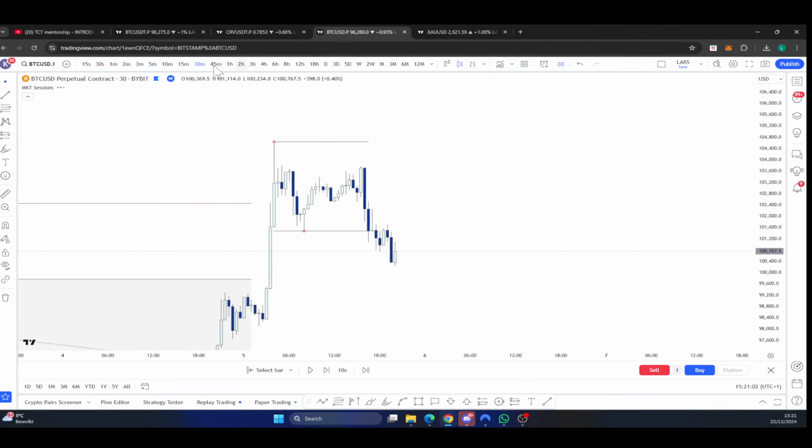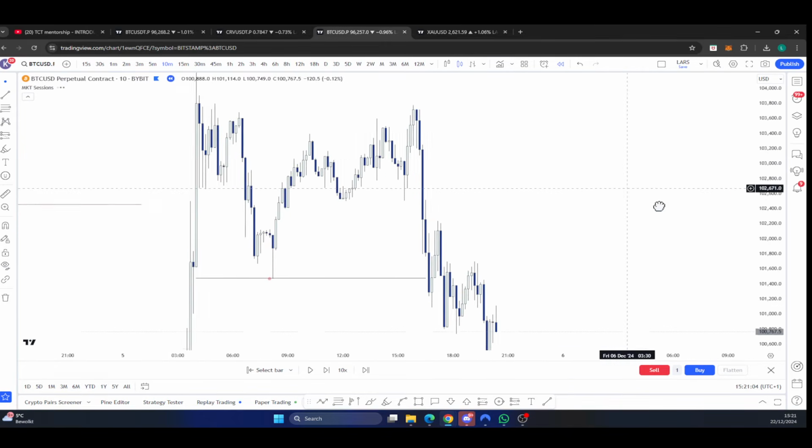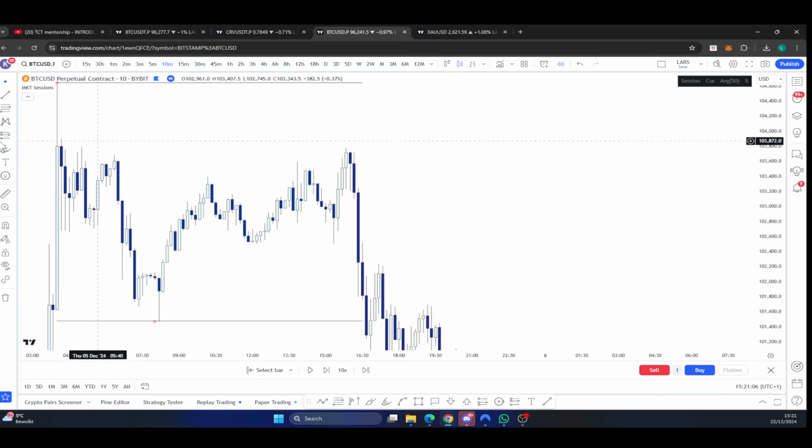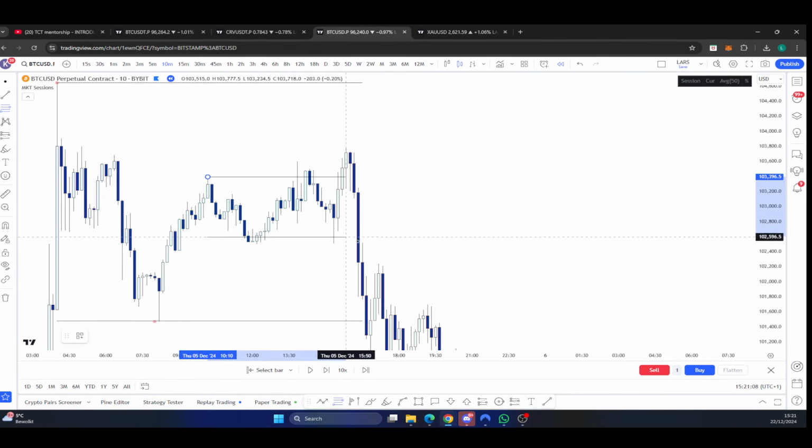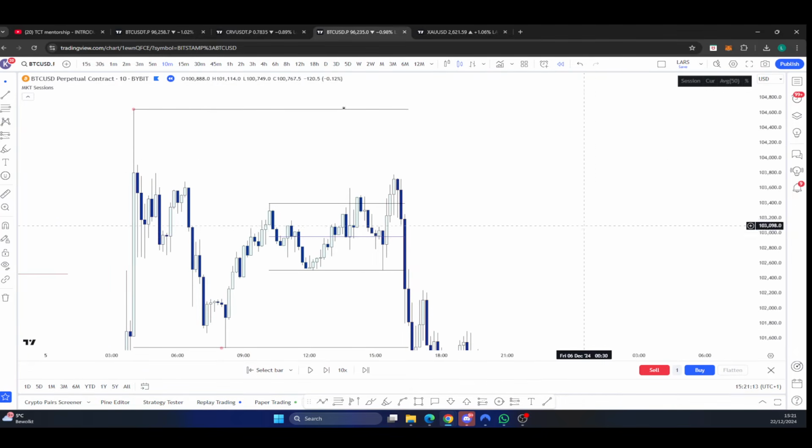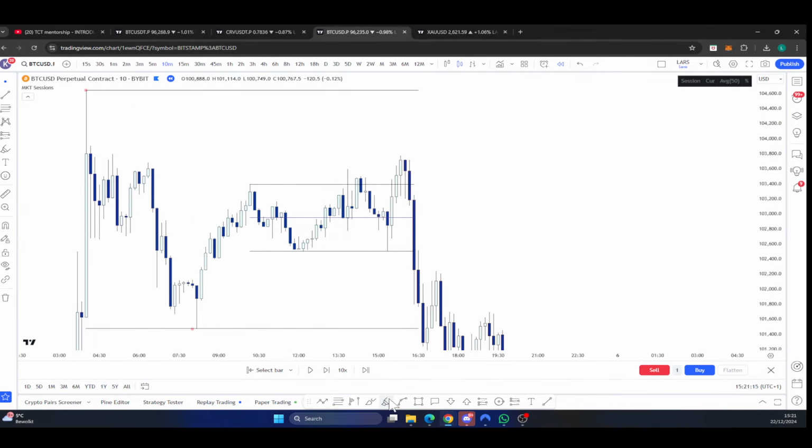But what you did have right here was a range formation inside of your higher time frame range, and with the higher time frame range, I'm referring to this bigger manipulation range that did have its Model 1 distribution schematic that you could have traded.